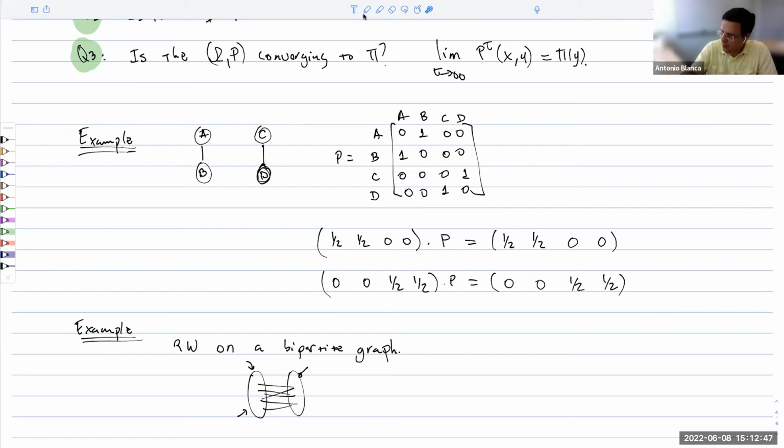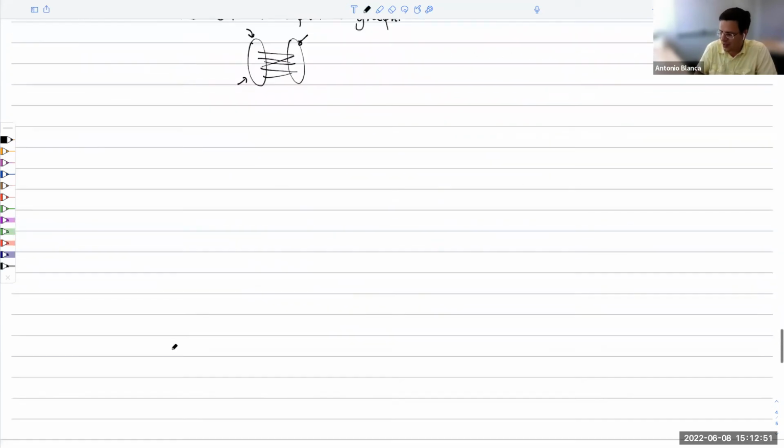Let me state all that with the right mathematical words, so that you know what they are. Here are a few definitions, very simple ones. The first one is irreducible. The Markov chain is irreducible if the state space is connected.